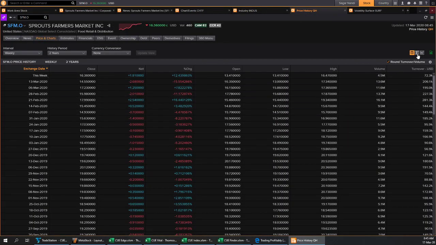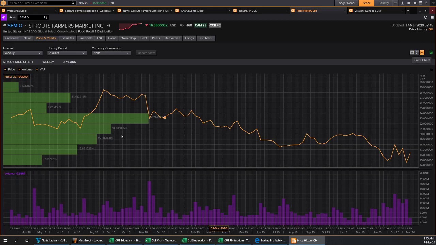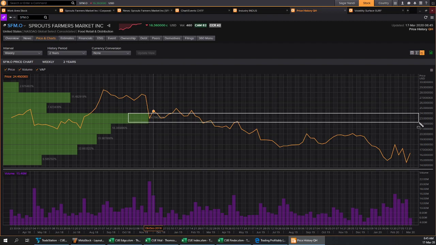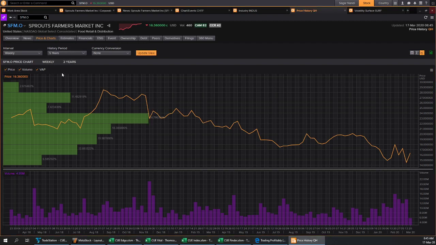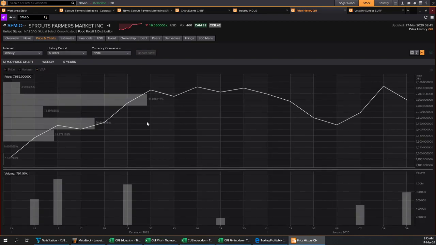Few other things. I like to look at long-term price history. I have a concept that the areas where maximum volume took place, and here I am looking at 2 years data. You could change it to 5 years or even 10 years.